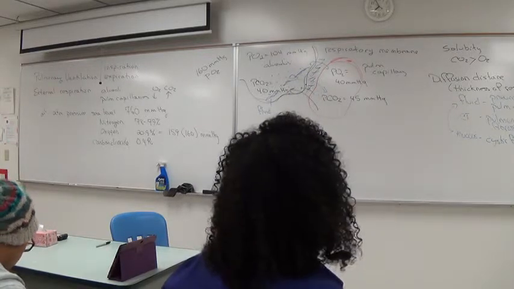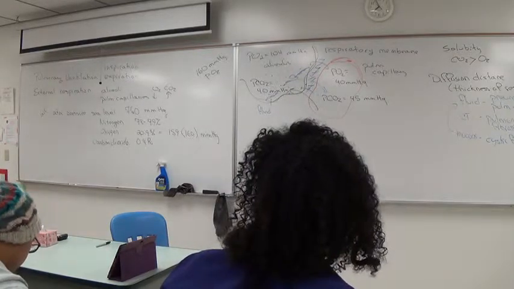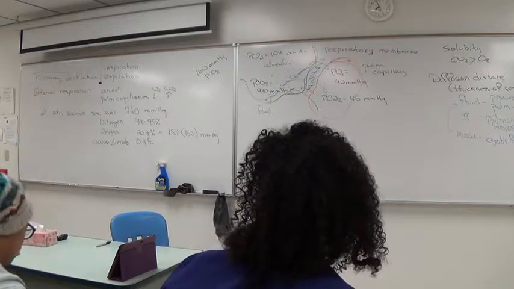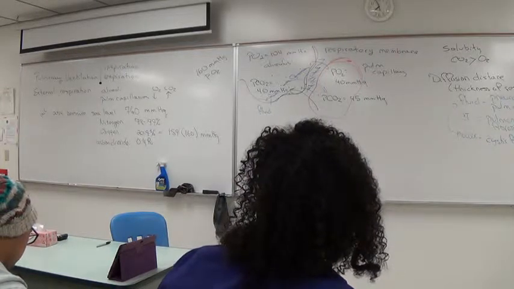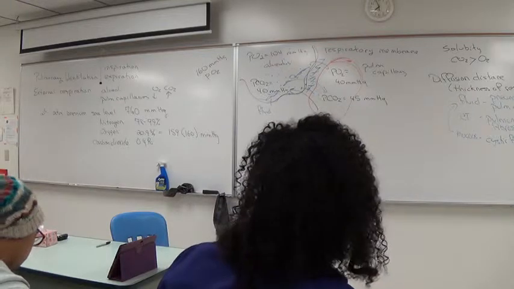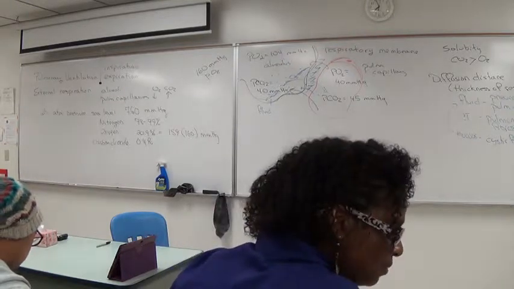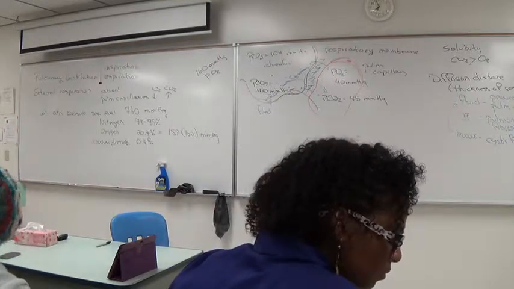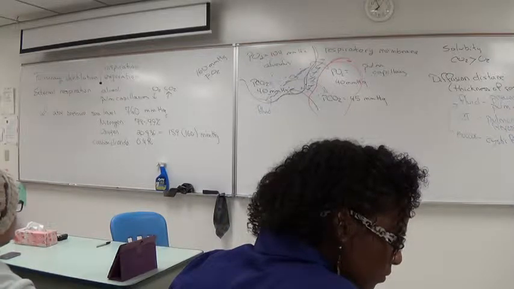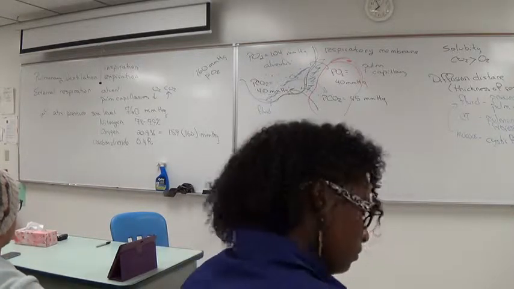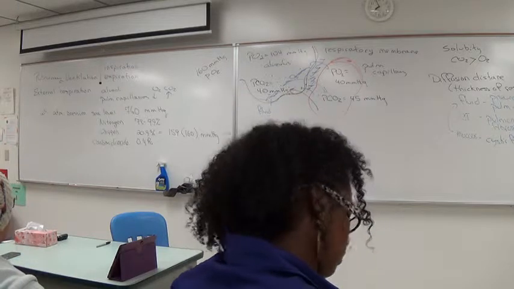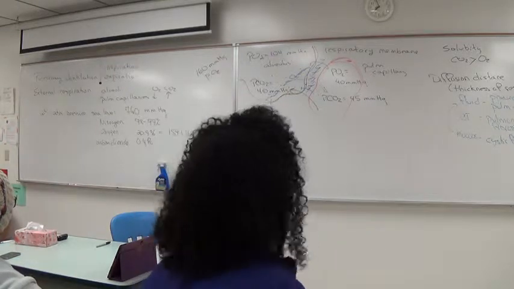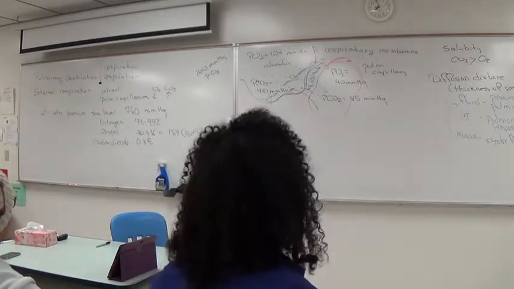So we're going to have blood coming back to the heart and being pumped out into the aorta with lower O2 and higher CO2. So we'll look at that a little bit when we talk about control of respiration and factors that cause you to take more shallow breaths or deeper breaths to change the rate of breathing when we have lecture on Tuesday. All right, then we have the surface exchange area.